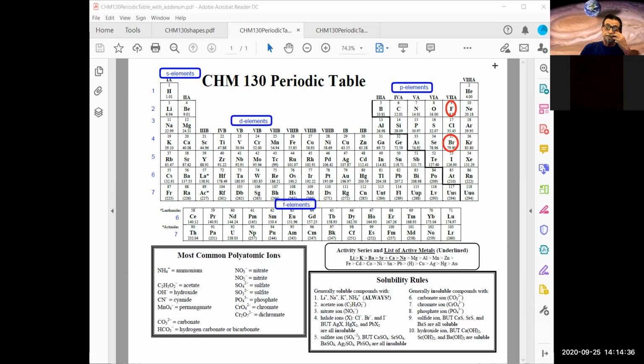So, let me clear this up. What if I were to compare the diameter of, say, carbon to fluorine? Would you predict which one of these two would be larger?